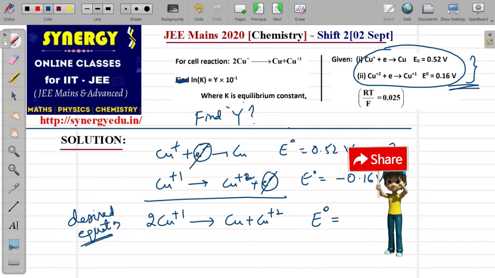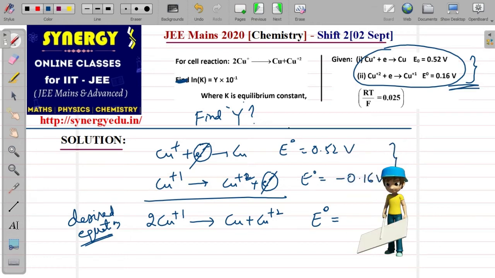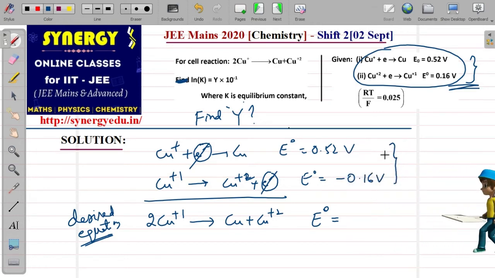If the electrons are not cancelling out in the net equation, you cannot directly add or subtract the E naught values; you have to go for the delta G formula to derive. Those kinds of things will be helpful in JEE Advanced. Here, you can directly add these two values, and you will get 0.36 volts.